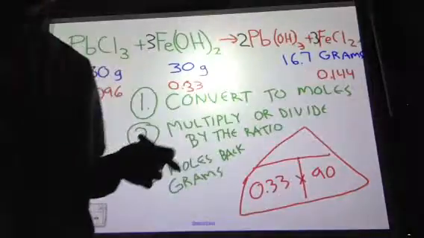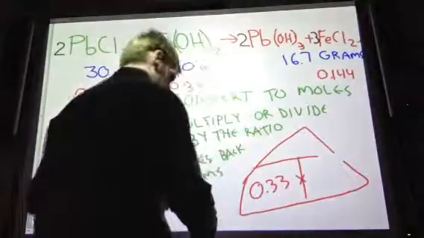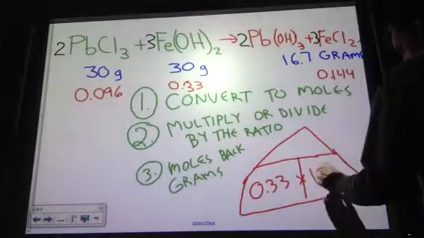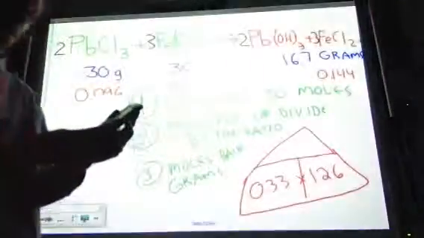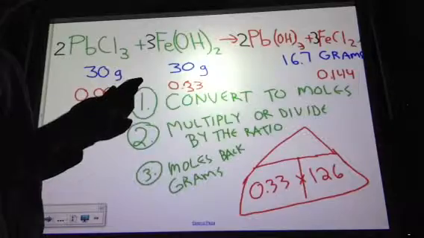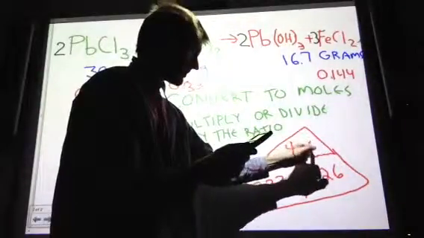I think I put 116 before. We'll be off by a little bit. 126 times 0.33 gives me 41.6 grams. I rounded that.